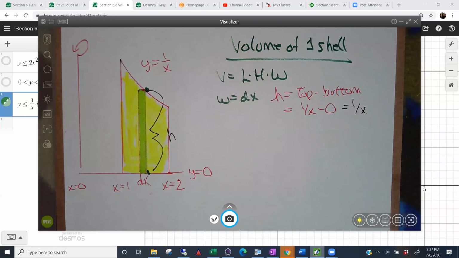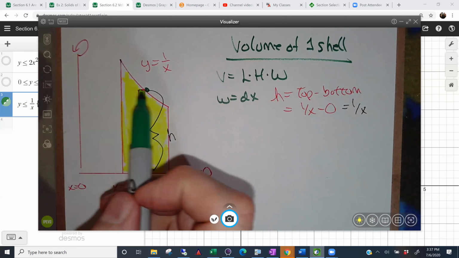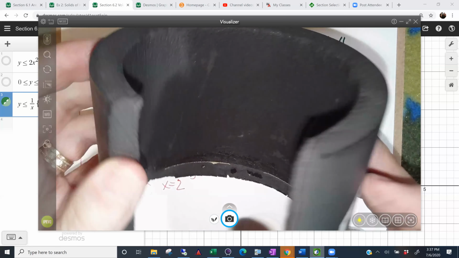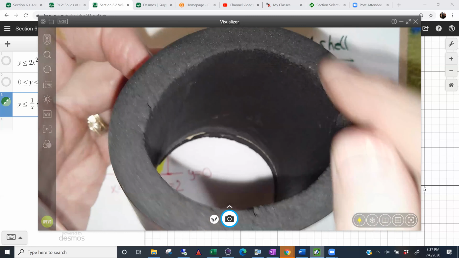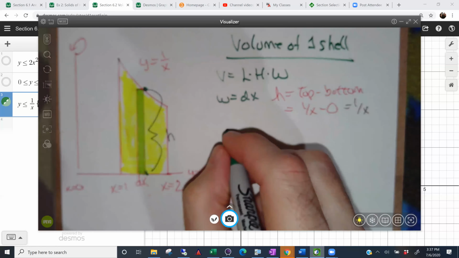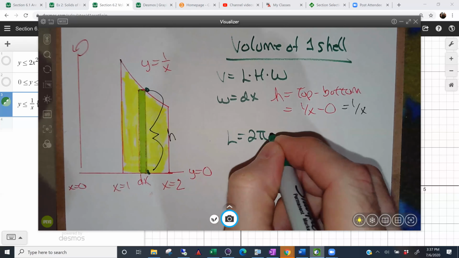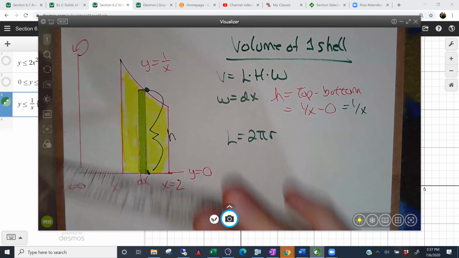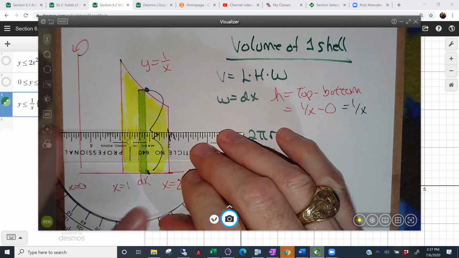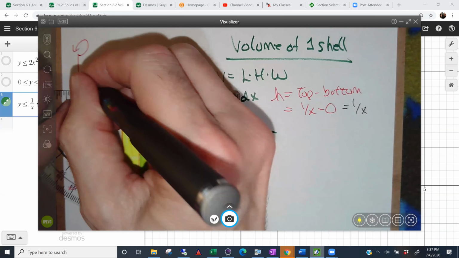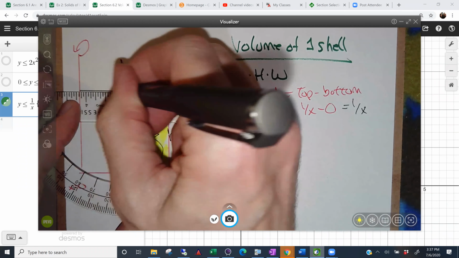Now the part where we got to think is, what's the length of that? Now the length comes from the circumference of a circle. So the length is going to be 2 pi r. R is just going to be the distance from our point to the axis of rotation.